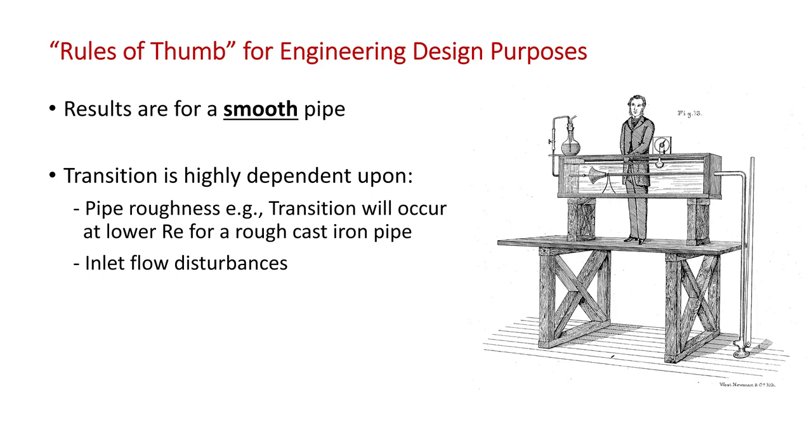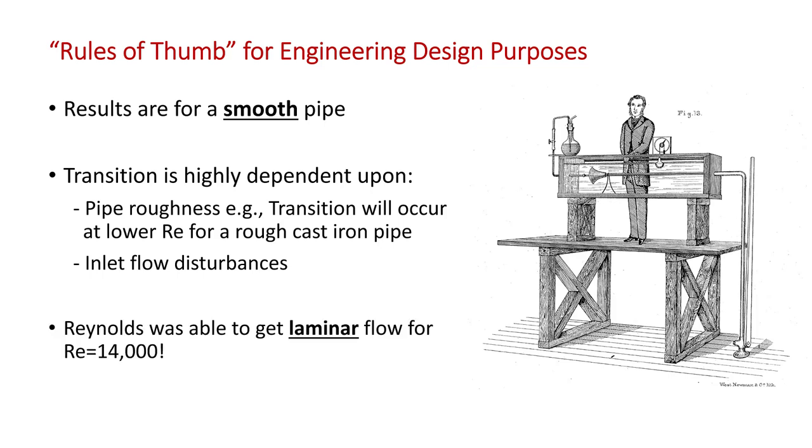Flow transition is also highly sensitive to the inlet flow disturbances. If the main tank has a lot of vortices which get drawn into the pipe, this will cause the flow to transition to turbulence at a much lower Reynolds number. Conversely, if the main tank has no eddies, this can significantly delay flow transition.